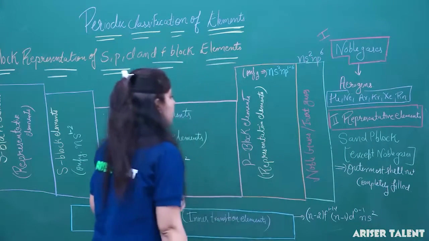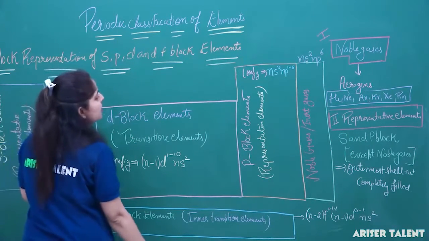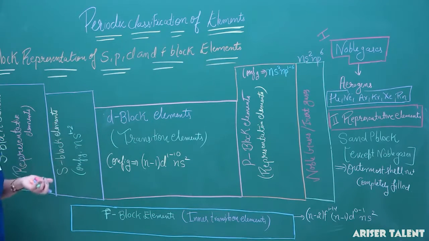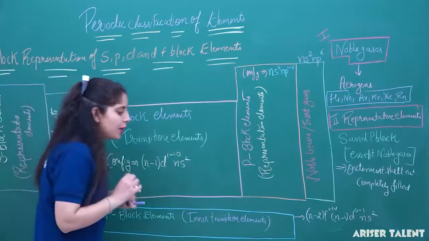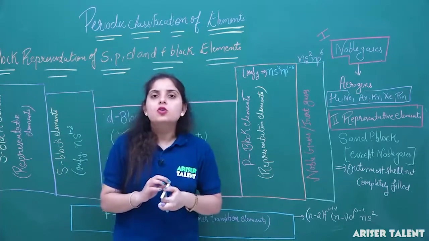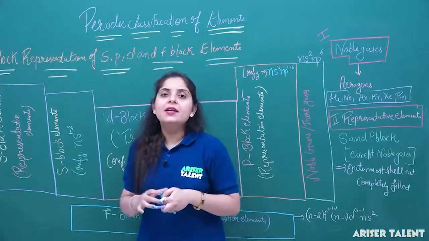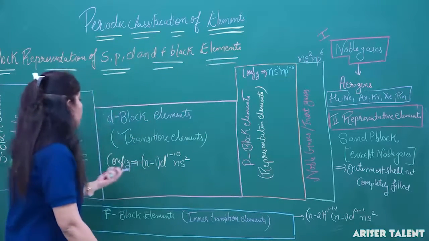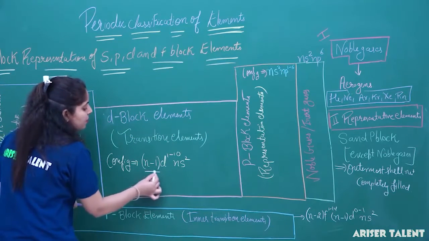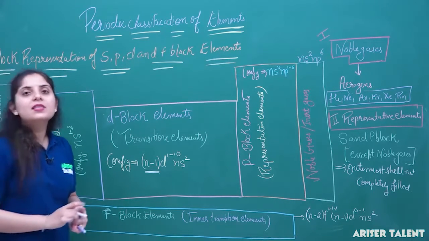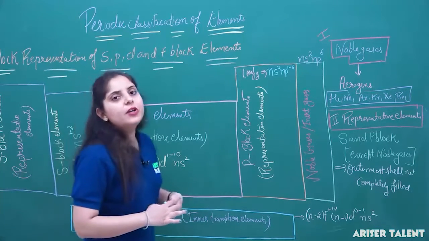Now, after representative elements, we have another block, that is D block element, and the D block element is going to represent the transition elements. So, why has the name transition elements been given? You can see that in the D orbital, the first electron goes to the n-1 orbital. It means this is a half filled orbital, or we can say that these are the degenerate orbitals.